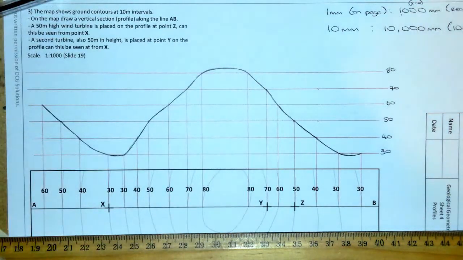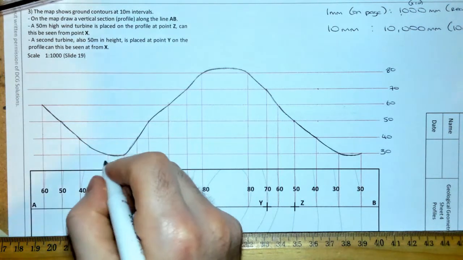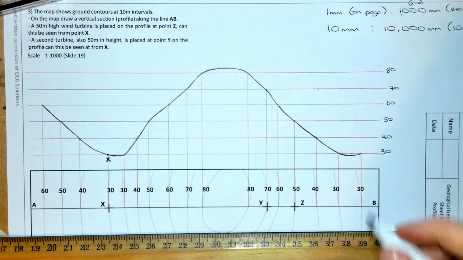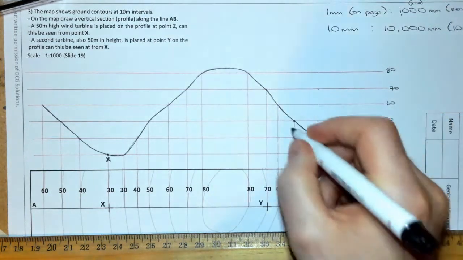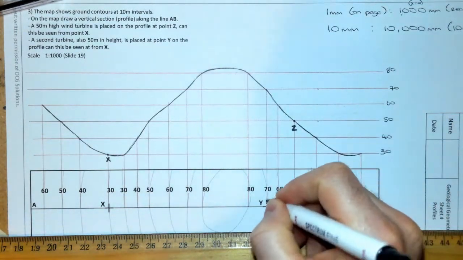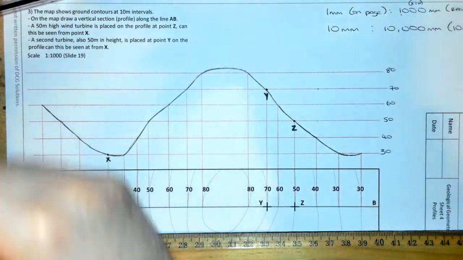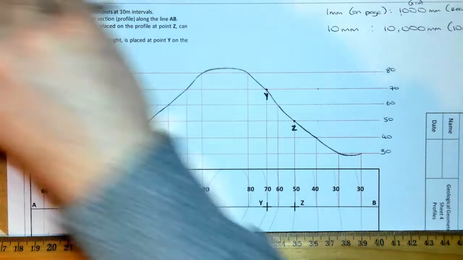Okay, so I'm just going to mark my points. So I've got X right here, and then I've also got Z right here, and we know we're going to need one in a minute for Y as well, which is right there. And what we have to do is a 50 meter high turbine.